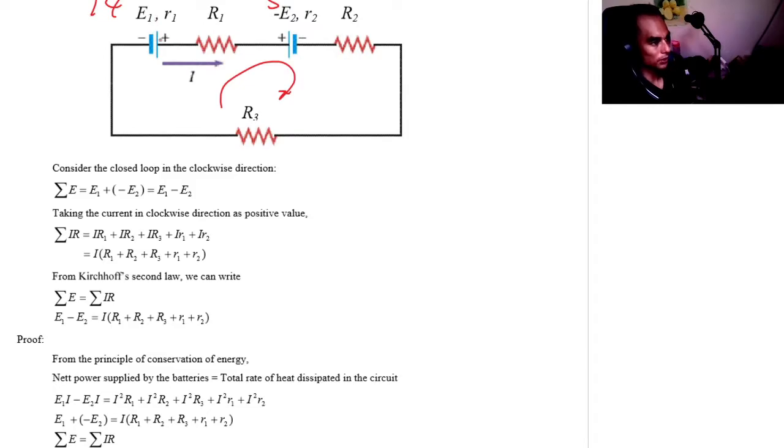E1 is positive to negative, positive to the right side, so the current moves this way, but it is opposed by E2 with 5 volts. So 14 minus 5 will be 9. 9 volts is opposed by E2.